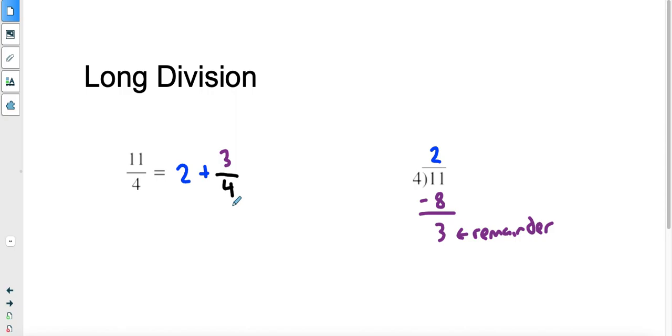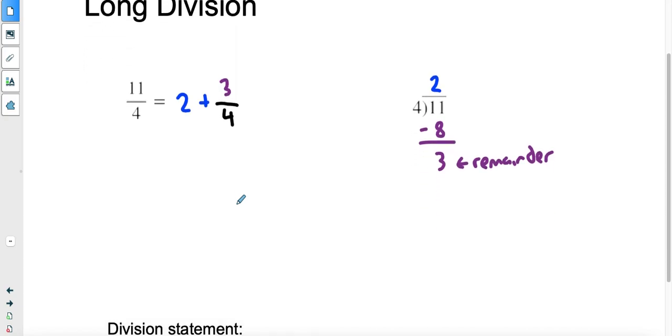When we do our long division, the answer we get at the top here, that's called our quotient. Our quotient here is 2. And then we have to add our remainder and then divide it by the number we're dividing by, 4. This is called our divisor.